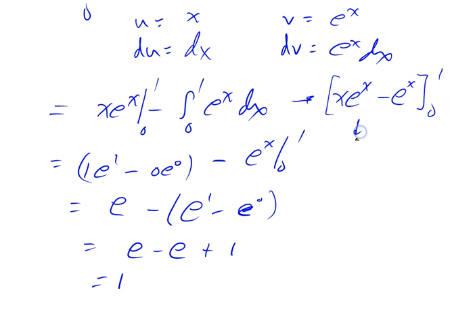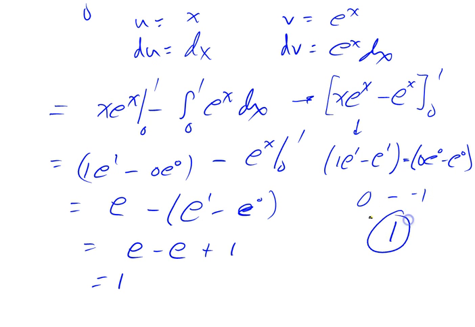And so then what you'd get is 1 times e to the 1 minus e to the 1 minus 0 times e to the 0 minus e to the 0. This is 0. This is a minus sign here. This is minus negative 1. So I get 1. You get the same answer either way.